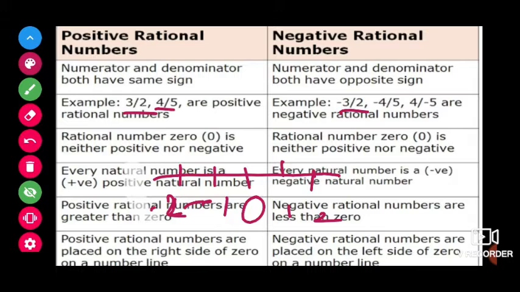If we go towards the right side, we get greater values. If we go towards the left side, we get smaller values.